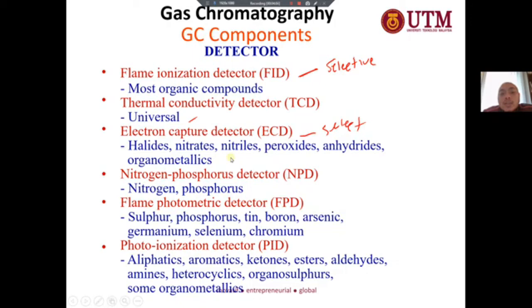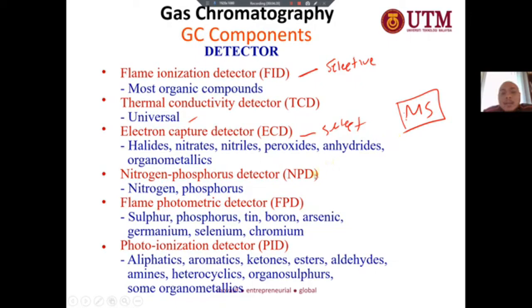ECD is also used to detect what we call pesticides, poisons, and toxicants. So one of the common instruments is ECD, FID, and MS. Maybe later on I will describe about MS, but not that much.